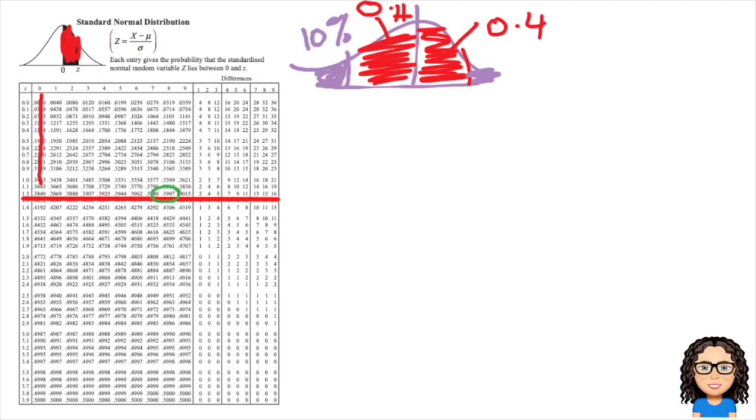And so here it is, 0.3997. So that's the probability, 0.3997. The Z value that it belongs to is 1.28. That's a Z value and it's below, so it's going to be negative 1.28.